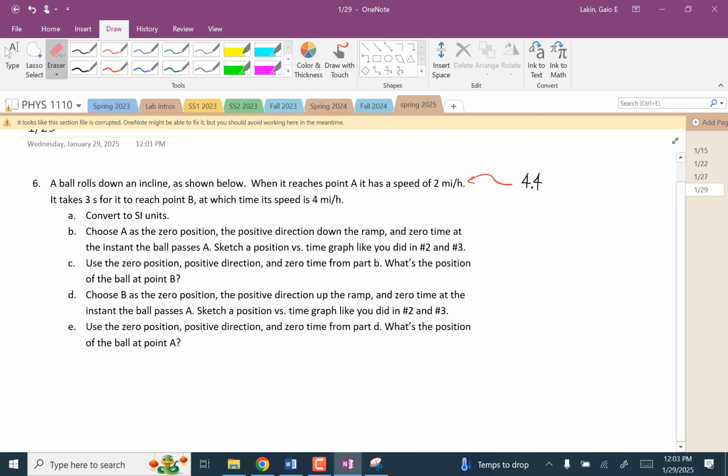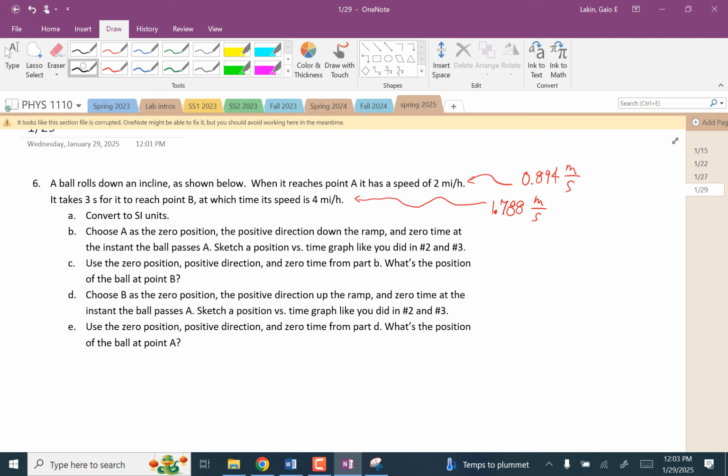Oh no, I'm going the wrong way. Miles per hour to meters per second. So I want 2 times 0.447. So this is about 0.894 meters per second. And then this one is about 1.788 meters per second.